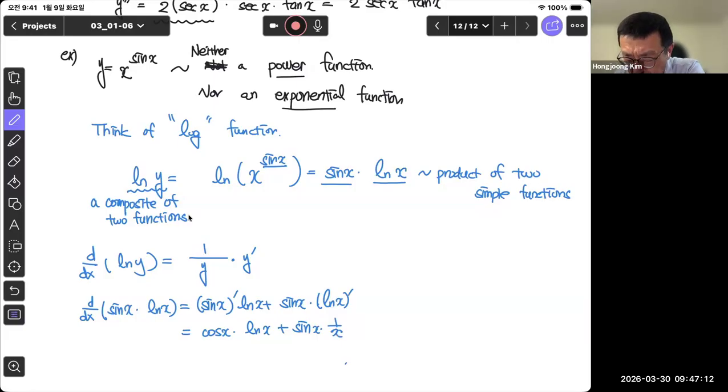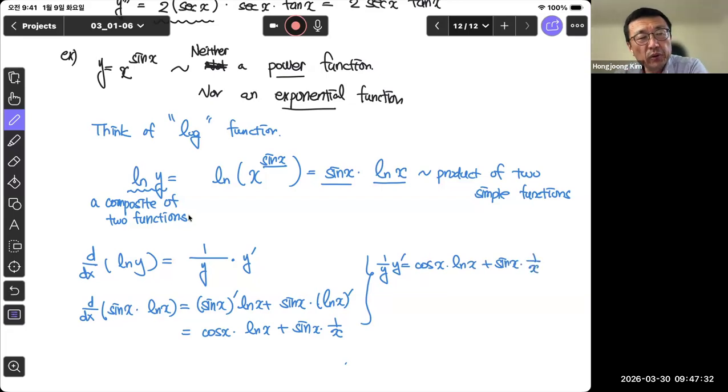So that must be the same as this 1 over y times y prime. So 1 over y times y prime will be cosine x ln x plus sine x times 1 over x.